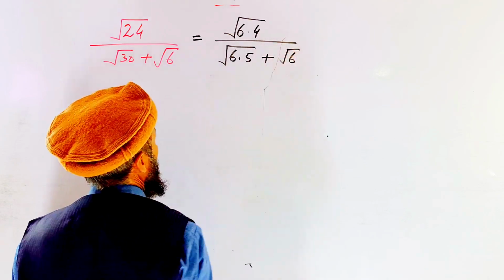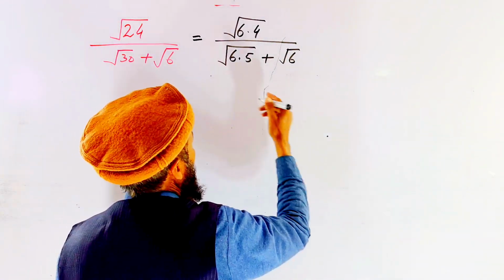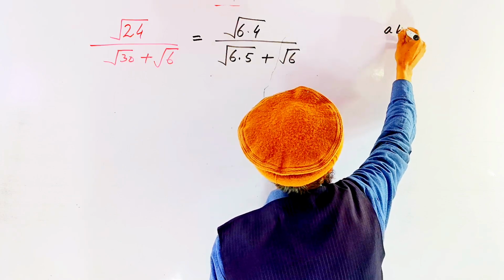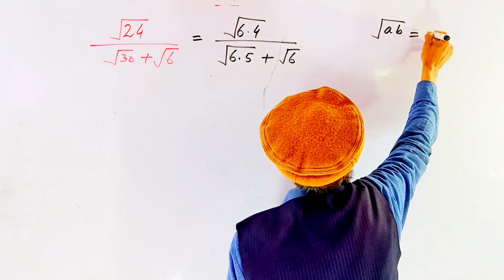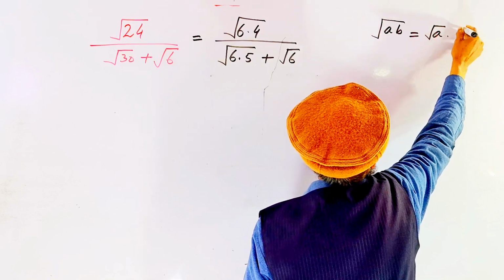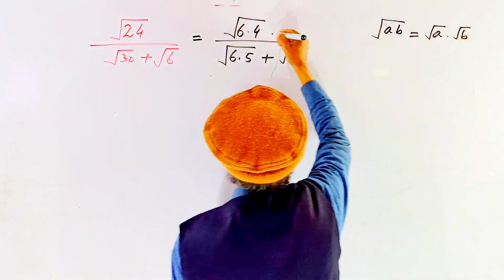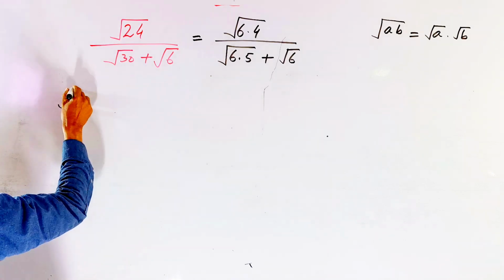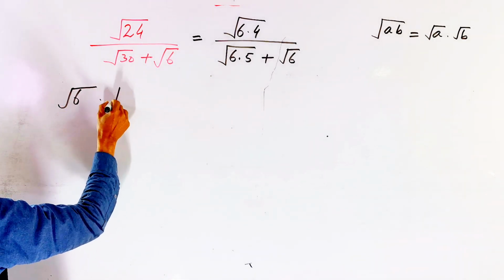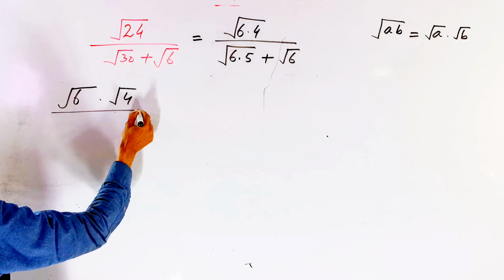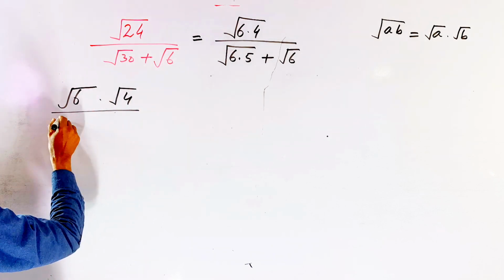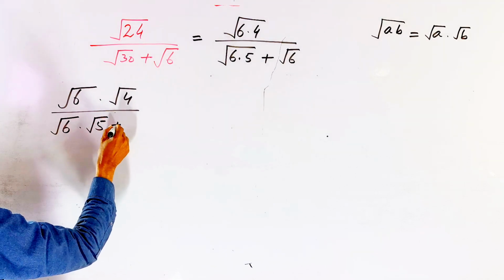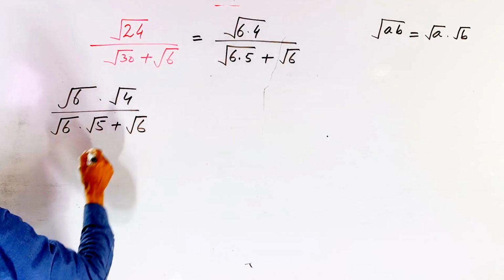Similarly, according to the property that √(AB) is equal to √A times √B, we can expand this into √6 times √4 divided by √6 times √5 plus √6.